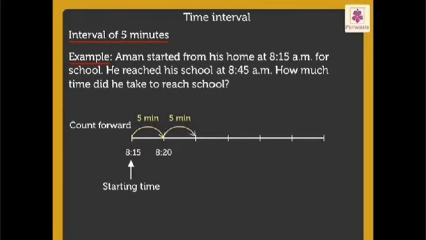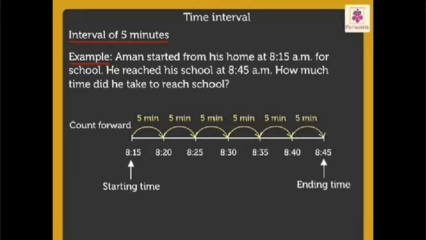Now from 8:20 a.m. to 8:25 a.m. Then to 8:30 a.m., 8:35 a.m., 8:40 a.m., and lastly the ending time 8:45 a.m. So here we skip counted 6 times at an interval of 5 minutes.